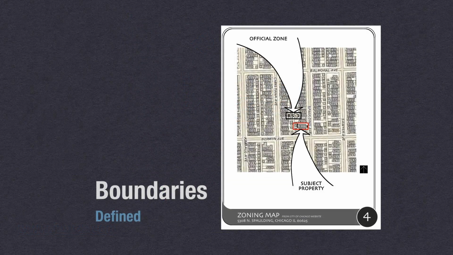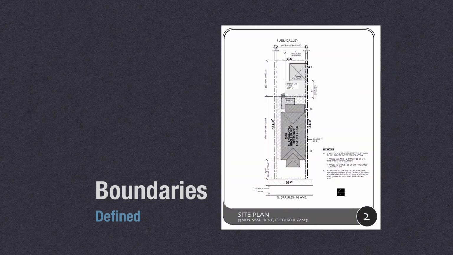All right, the next step in the process is we have to kind of do our due diligence and make sure we understand what all the restrictions, parameters are for the municipality's zoning and building codes. So we're looking to define the boundaries of your project. We'll ask for a plat of survey.